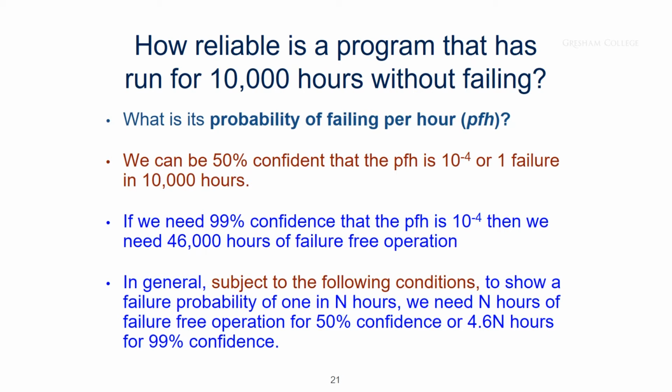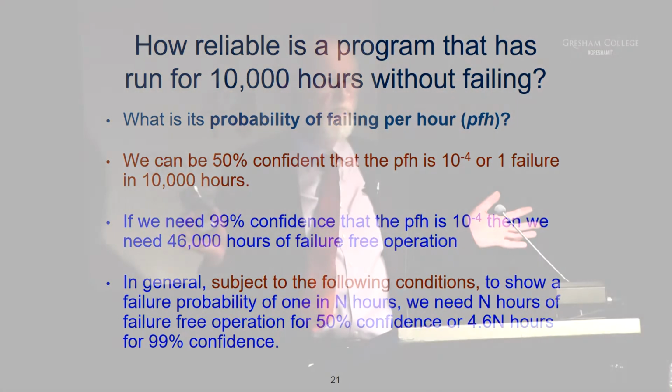If you need 99% confidence, then it's 4.6 times 10 to the n hours that you need. And that works pretty well, and you'll find it in the paper that I've referenced, which is written by Professor Bev Littlewood and one of his colleagues, one of our leading statisticians in this area.